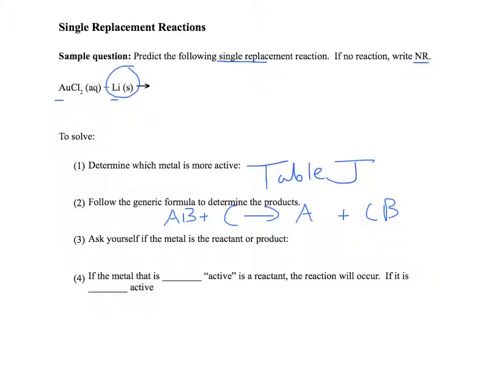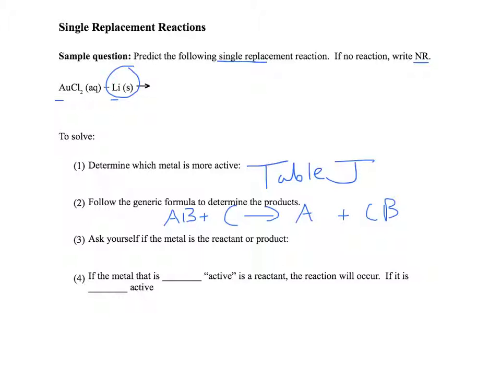Now, if these were nonmetals, then we would end up switching B and C. But since lithium is a metal, and since gold is a metal, we're going to be switching those places.